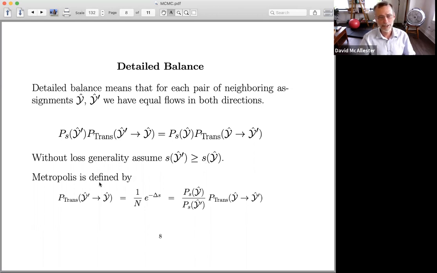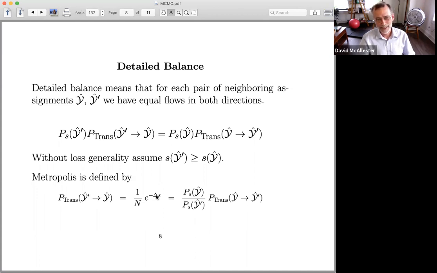So Metropolis is defined by this transition probability that says if I'm in y prime, the probability of going to y is the probability of picking y as the neighbor, which is 1 over n, times the probability of making the transition. And if we are assuming that y prime is the better score, then this may or may not make the transition, even if it picks y as the neighbor. And the probability that it makes the transition is e to the minus delta score.